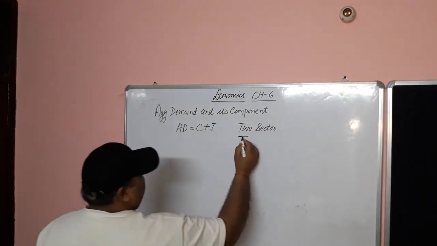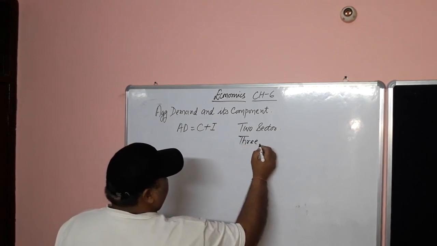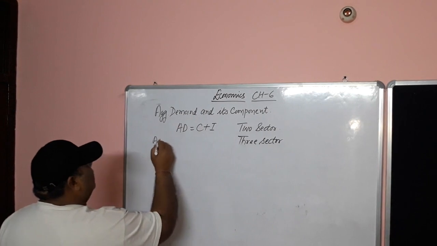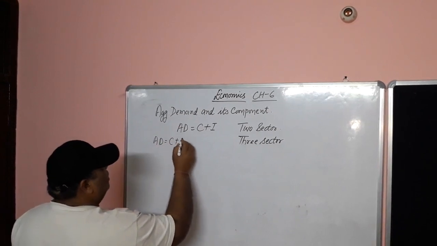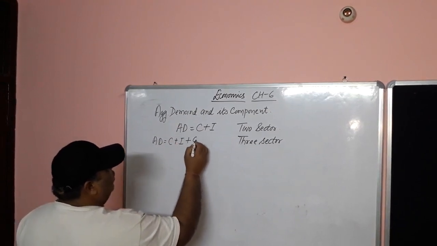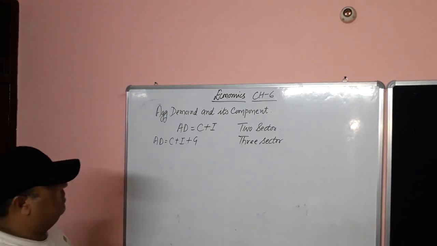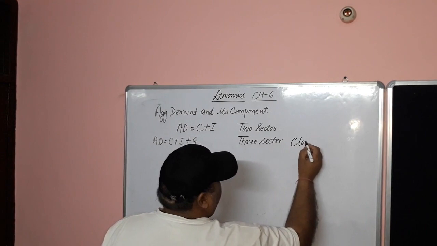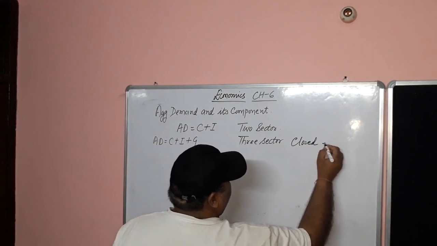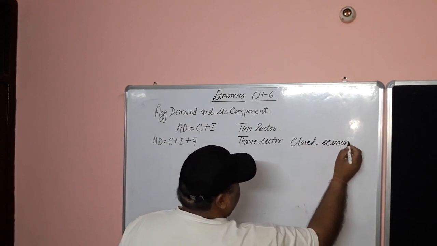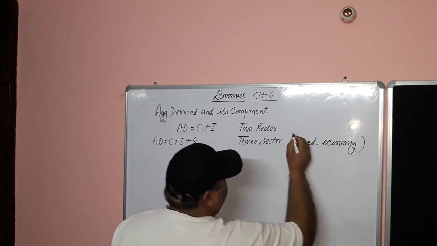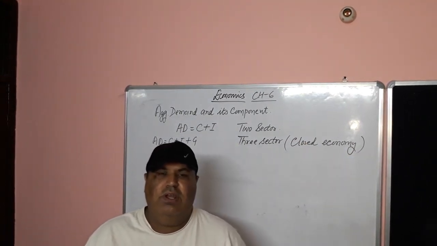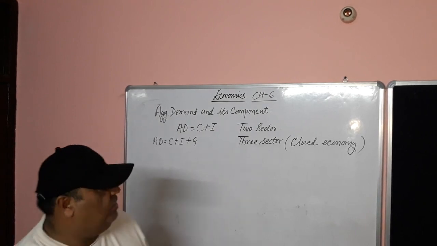In a 3 sector economy, we define aggregate demand as the addition of consumption, investment and government expenditure. So in a 3 sector economy, that particular economy is considered a closed economy. So how do we define the closed economy? Closed economies are those where there is no international trade.